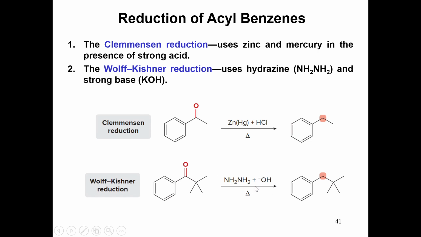In base condition, we use another reducing agent here, hydrogen. Hydrogen is a very strong reducing agent. You see, if you have zinc and HCl, basically you generate hydrogen. The real reducing agent here is hydrogen gas. In this case, the reducing agent here is hydrogen.